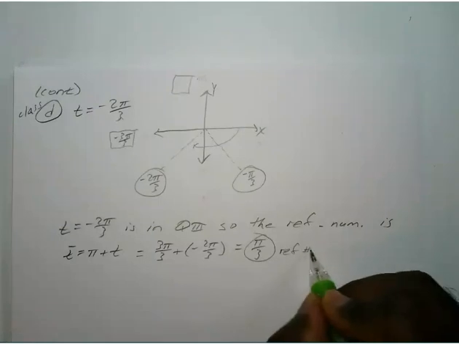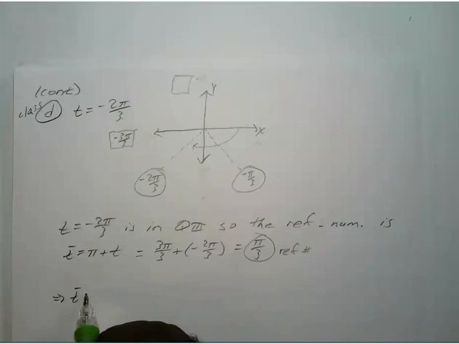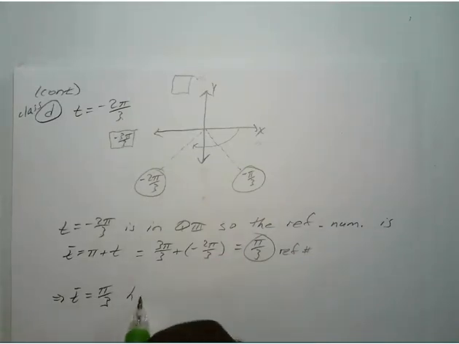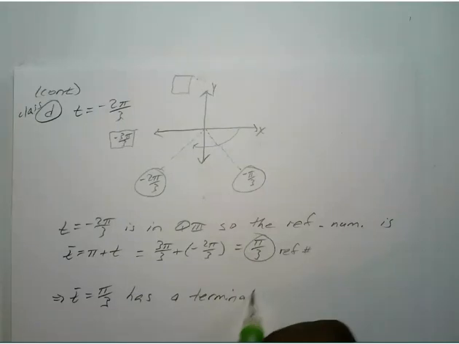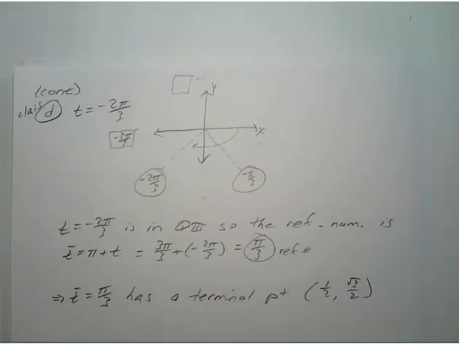Remember, that's your reference number. So the reference number pi over 3 has a terminal point of 1/2 and square root of 3 over 2.